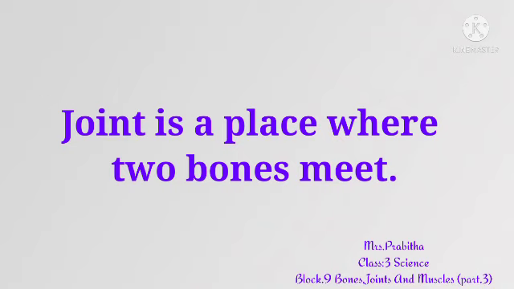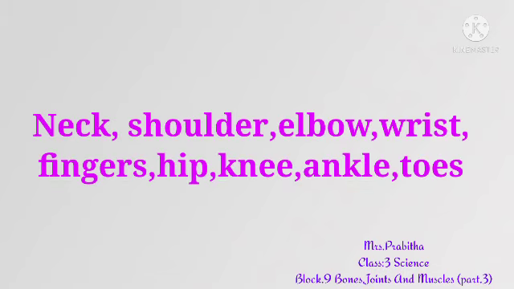We know we have joints in our body, right children? Which are the parts where we have joints? Yes, these joints start from our neck onwards, right? So neck joint is the first one. Then in the shoulders we have the shoulder joint. Then on the hand we have the elbow joint.